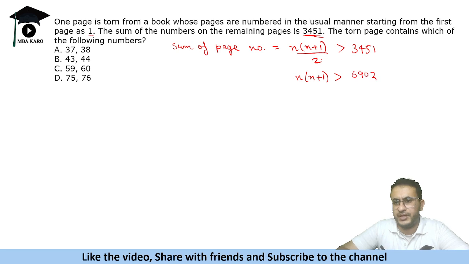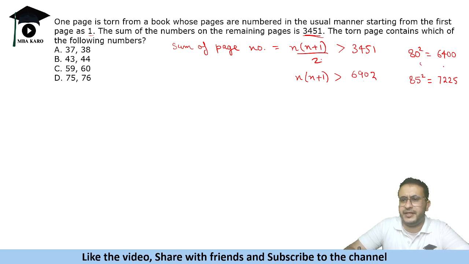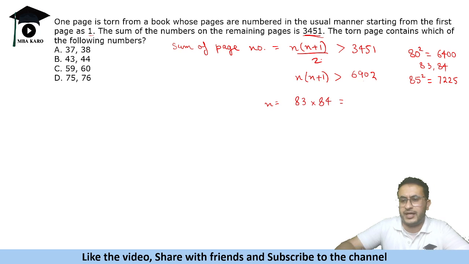6902. Now some squares that we should know: 80 square is 6400, 85 square is 7225. This is 6900. So maybe we can go with 83 and 84. Let's check 83 and 84. So if you take n as 83, so 83 into 84, let's do the calculations.